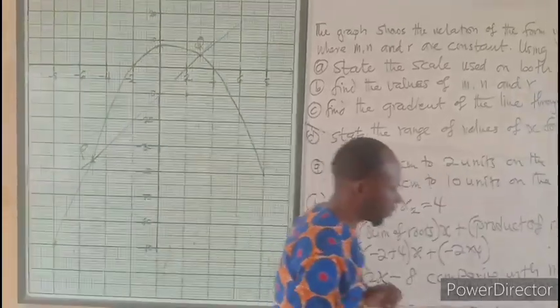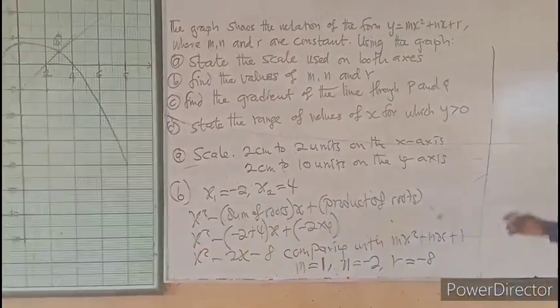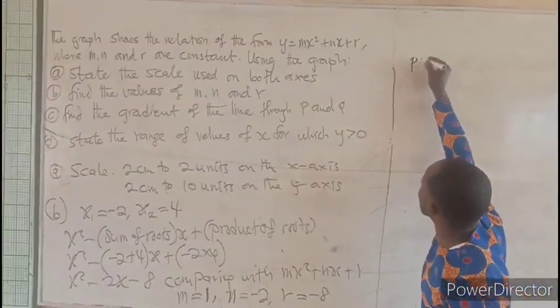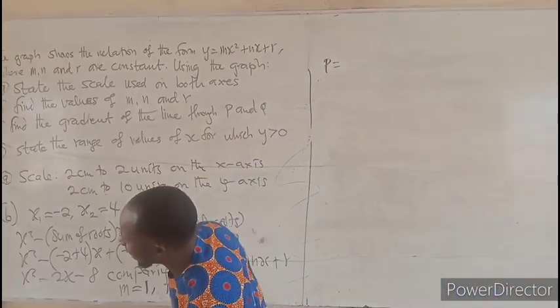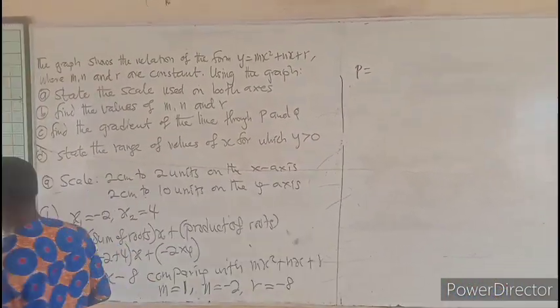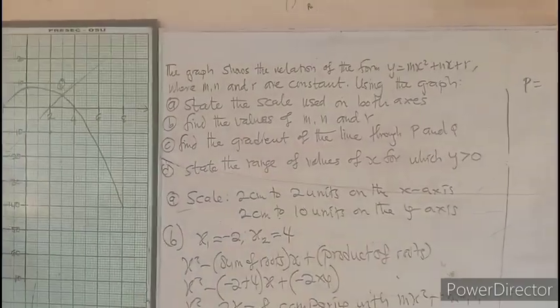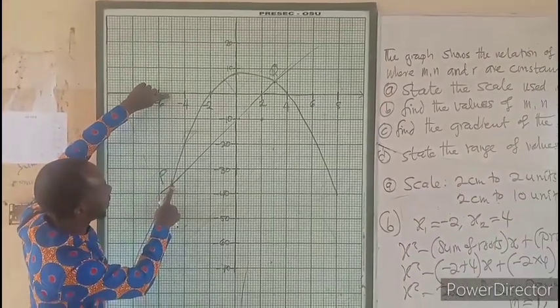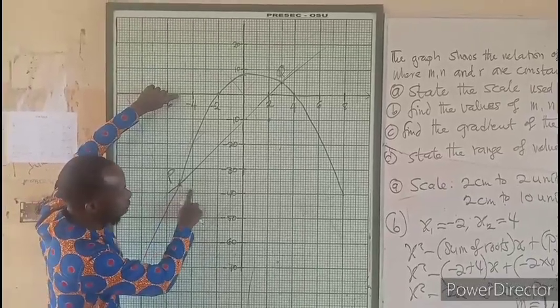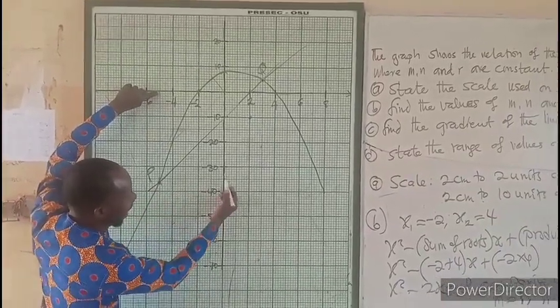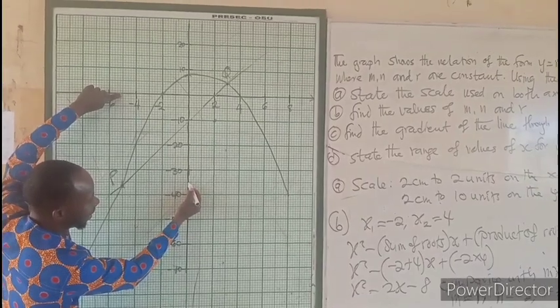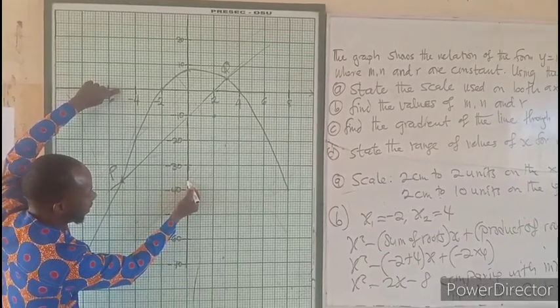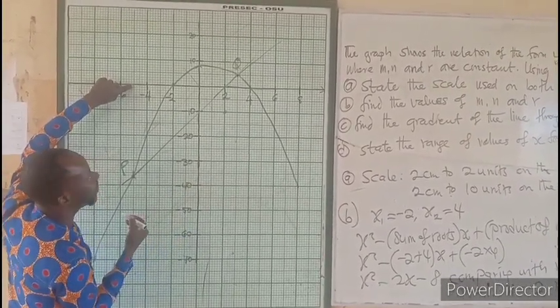So I'm going to have my point P. On the x-axis, I'll have straight to 5, that is minus 5. And on my y-axis, I have 35 here, so 35, 36, so 37.